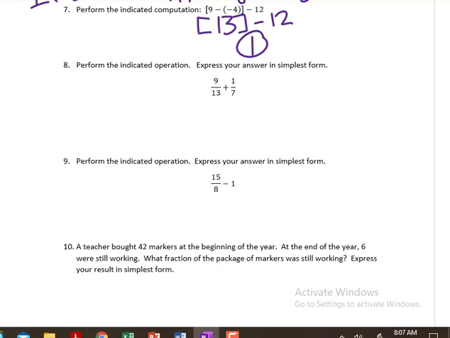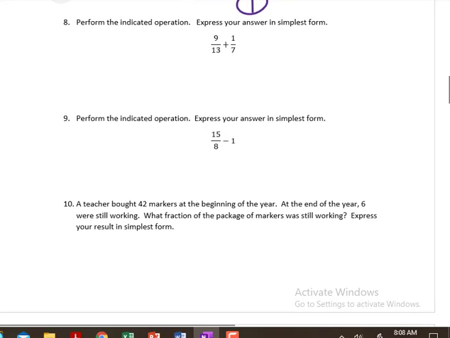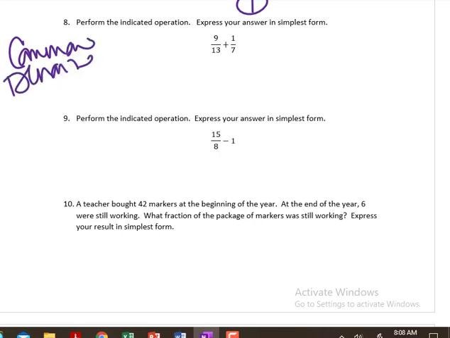Number 8, perform the indicated operation. Express your answer in simplest form. 9/13 plus 1/7. What I know is that I have to have a common denominator. Since both 13 and 7 are prime, the common denominator is 91, or the product of 13 and 7.